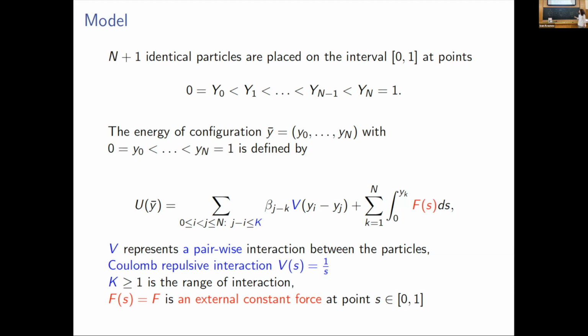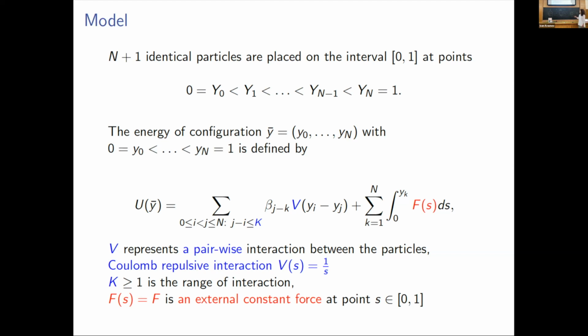V is a pair potential. The capital Y's are for the random particles, and the small y's are for the configuration of points in R.